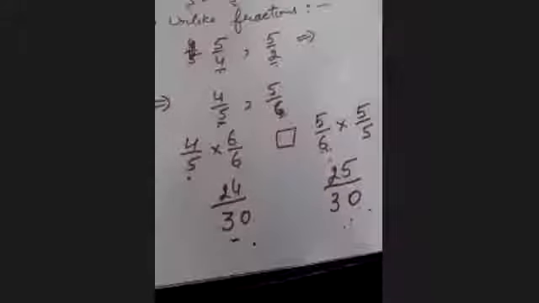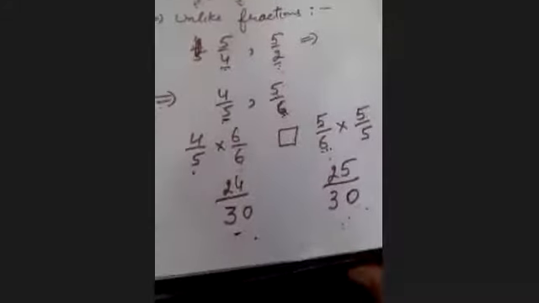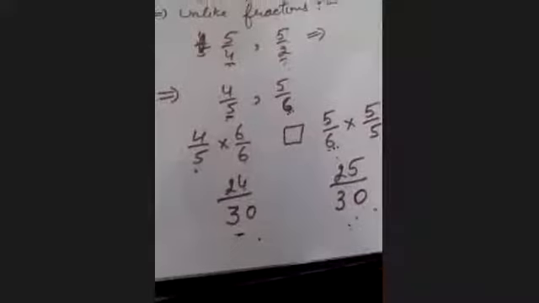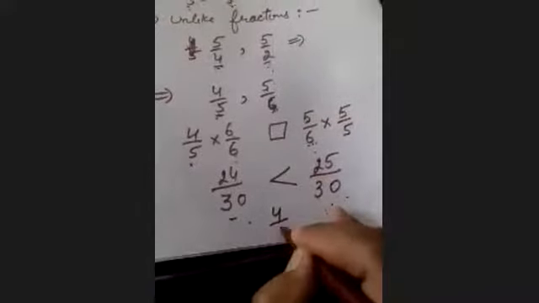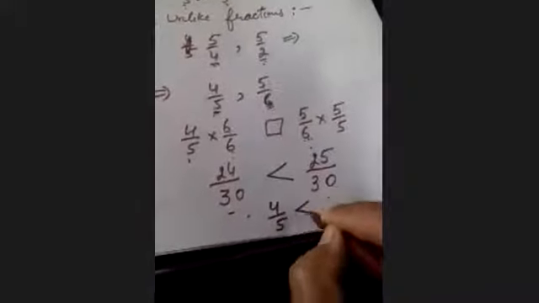Now we can compare these fraction numbers. 24 is less than 25. So it means 4 upon 5 is less than 5 upon 6.